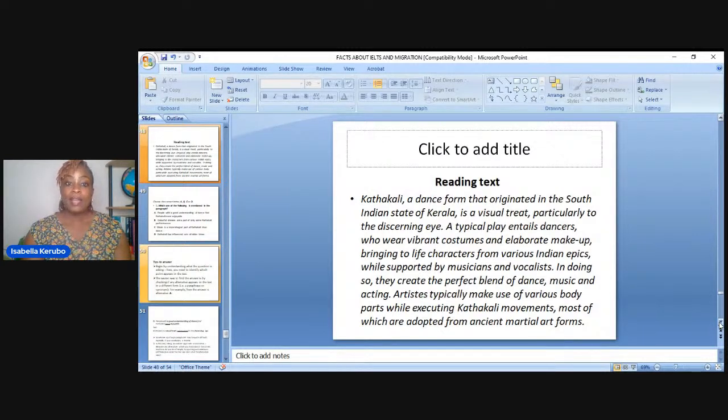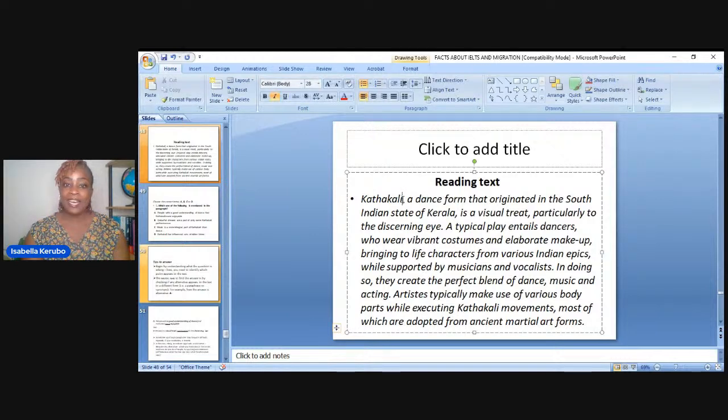All right, so: Kathakali, a dance form that originated in the South Indian state of Kerala, is a visual treat, particularly to the discerning eye. As usual, underline the keywords as you are reading.